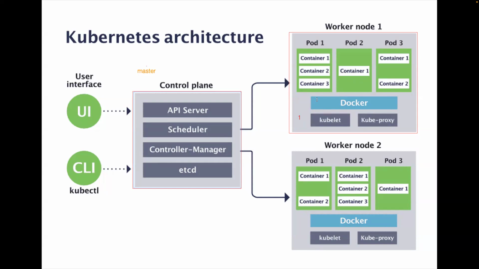Okay, and then the Docker. This is a Docker runtime. You are going to run containers, means a container runtime should be there, right? So that's what Docker is here. It provides a container runtime. And another difference when we talk about Swarm and Kubernetes is Swarm can orchestrate only Docker containers, whereas Kubernetes can orchestrate containers from any runtime.